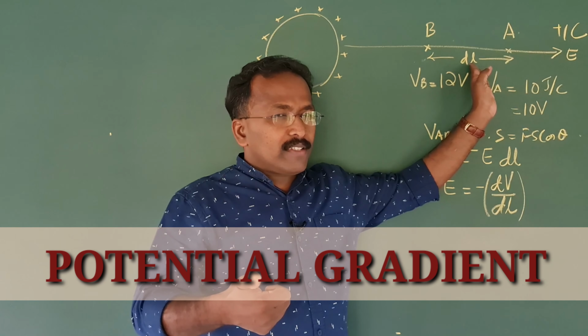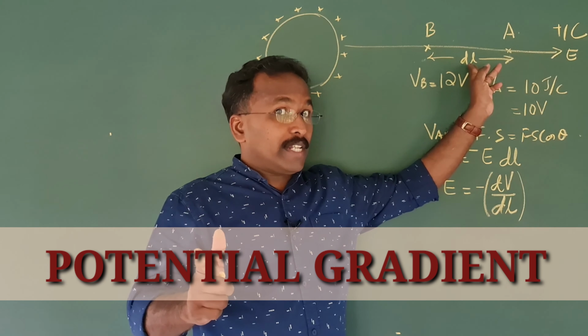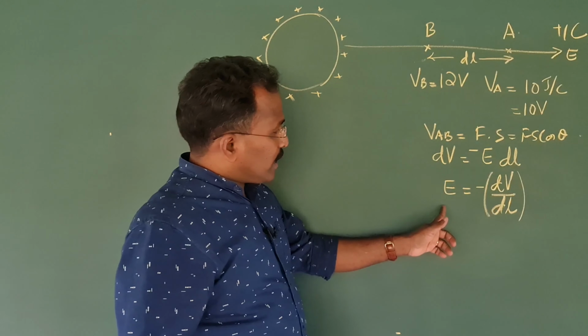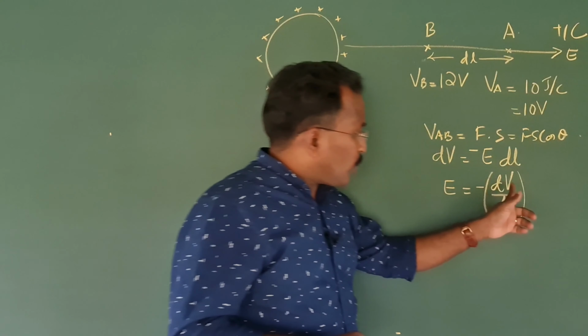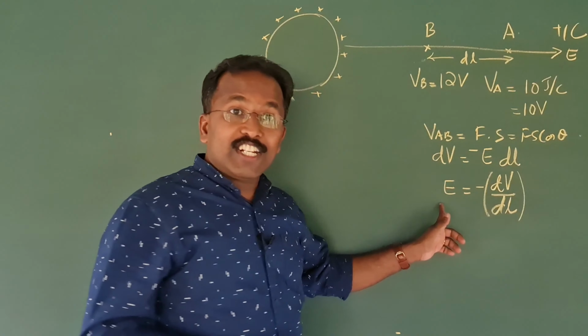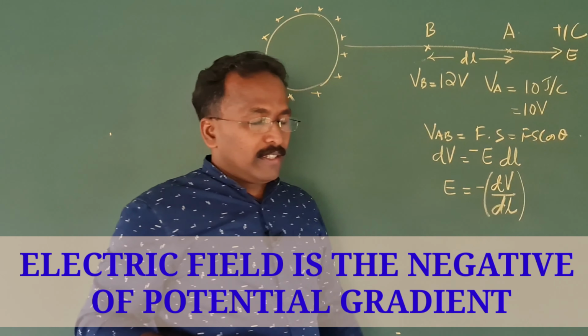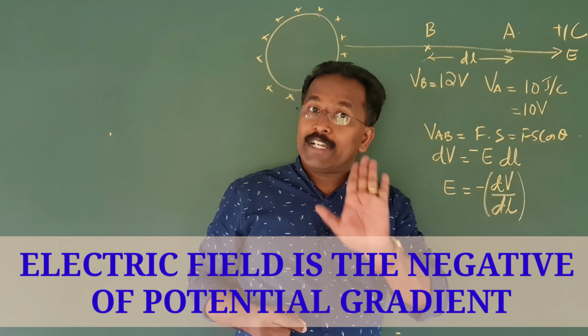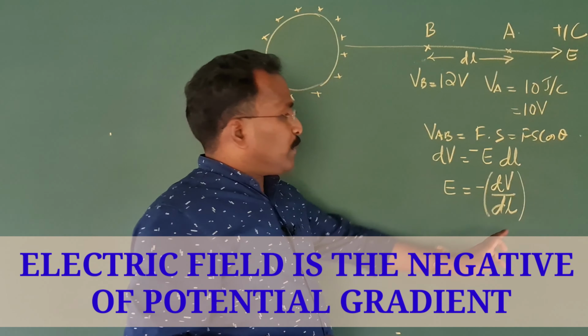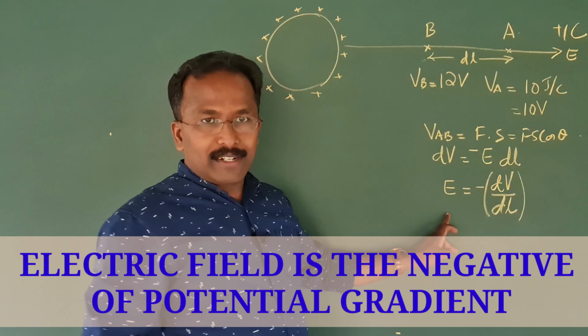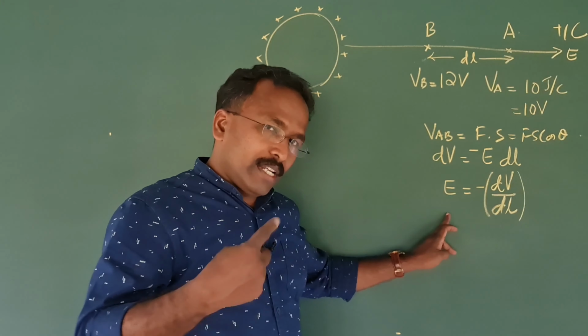Last year we studied velocity gradient and temperature gradient. Like that, this year we have a potential gradient. So this equation actually tells you how potential difference and electric field are related. You can say electric field is the negative of potential gradient. Electric field is the negative of potential gradient. Now what is potential gradient? How is it related? This equation is still more interesting.